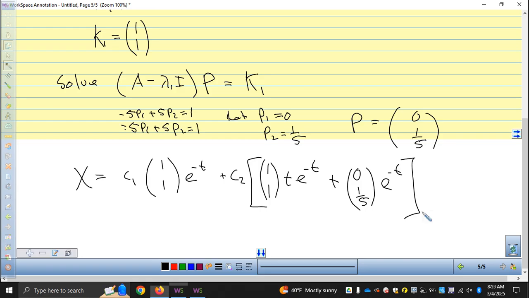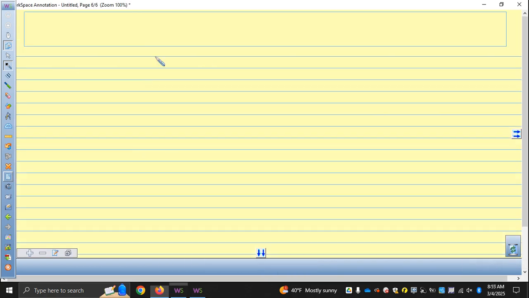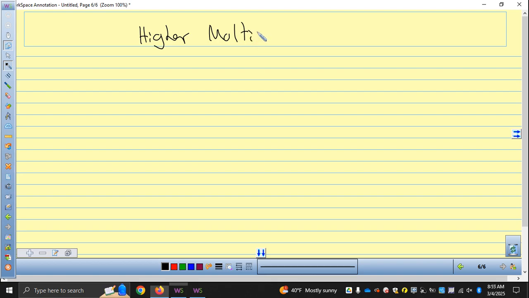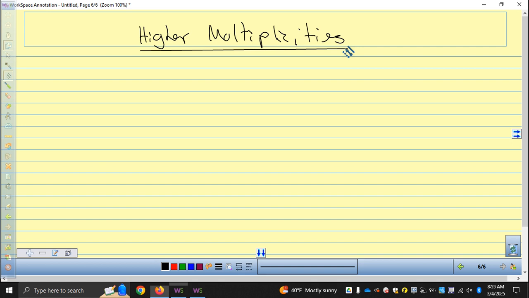We won't have to do it here, but just so we know, if we had the same eigenvalue with higher multiplicities, for which we can only find one eigenvector, say an eigenvalue of multiplicity 3, and we can only find one eigenvector for that repeated eigenvalue, we use the same procedure that we just used to find our linearly independent eigenvectors.